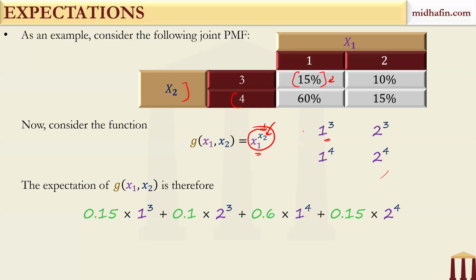We have just simply multiplied all the probabilities by their outcomes and added them. Got it? How much are we getting?